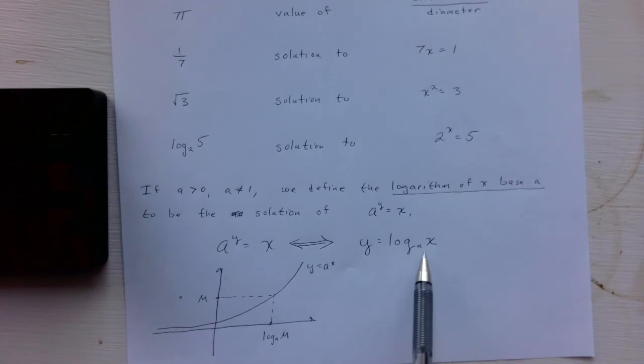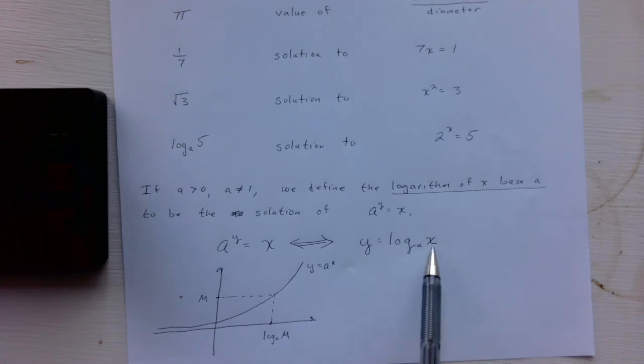This is a logarithmic statement, this is an exponential statement, and every exponential statement has a corresponding logarithmic statement, and vice versa. The way I remember this is that a log is an exponent: if you raise a to it, you get x.